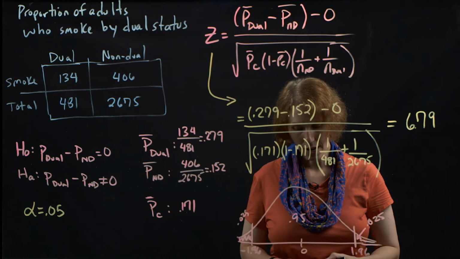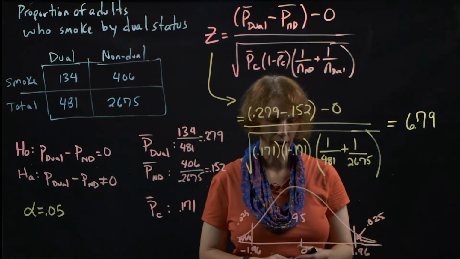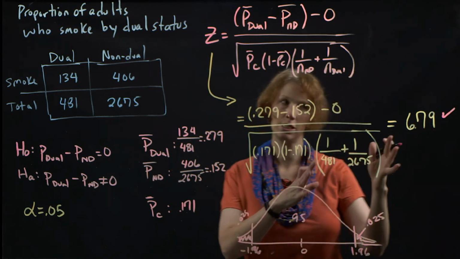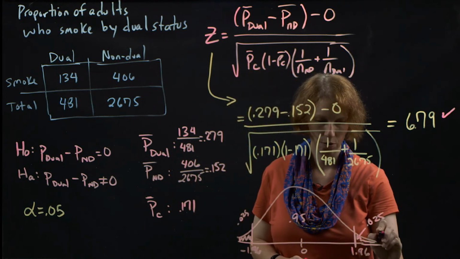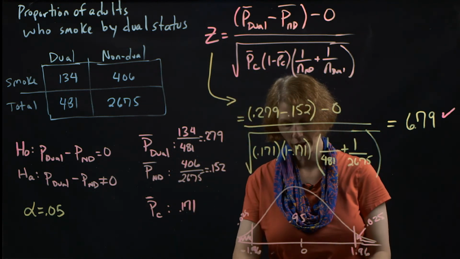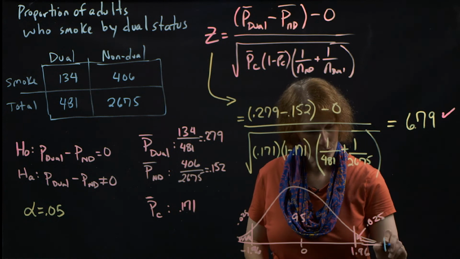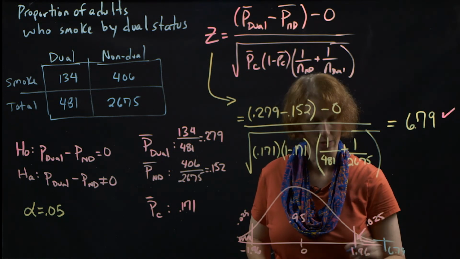All right, so now our last piece is to compare our test statistic of 6.79 relative to our critical value of 1.96. So our test statistic is really kind of out here, way out in the tails.